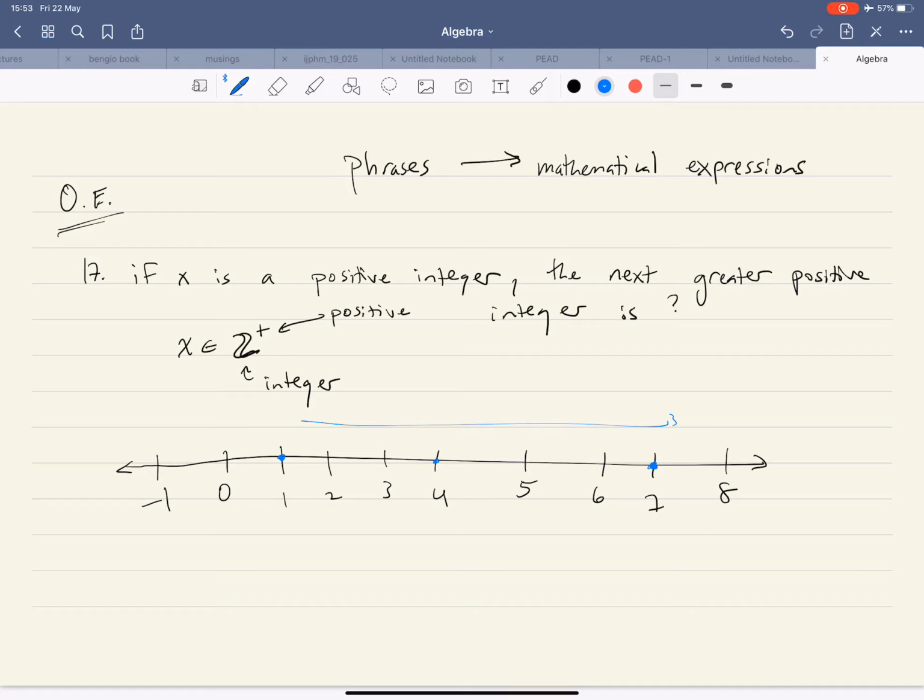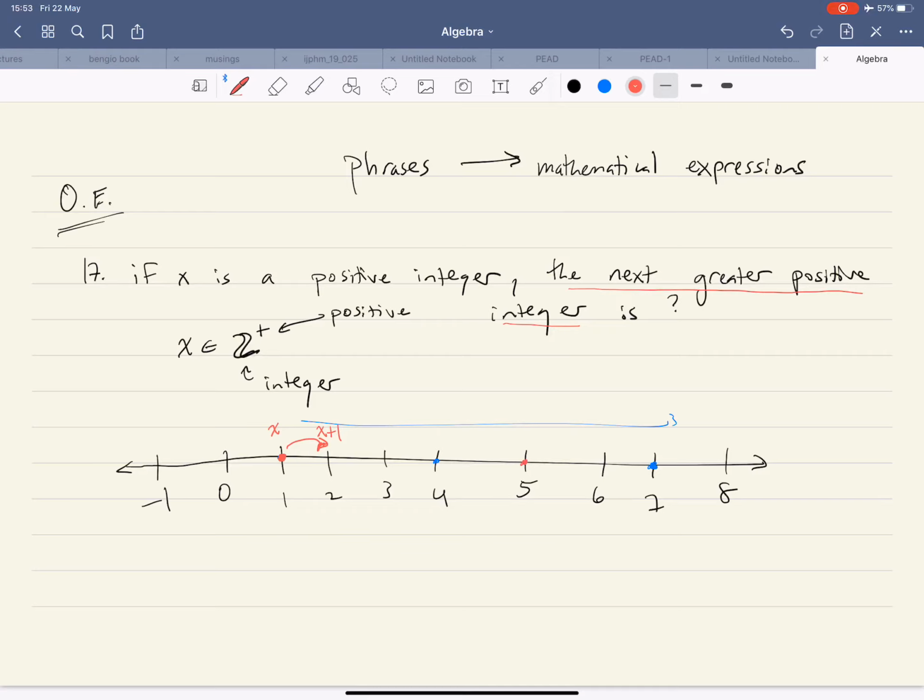So if I look at x as 1, and then I want to get the next greater positive integer, I just go to my next integer that's greater than the one I'm at, and now I went 1 unit, so I'm at x plus 1.